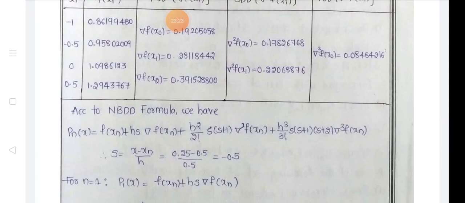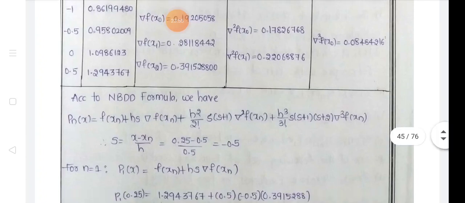According to Newton backward divided difference formula, we have Pn of x equals f of xn plus hs del f of xn plus h square by 2 factorial s into s plus 1 del square f of xn plus h cube by 3 factorial s into s plus 1 into s plus 2 del cube f of xn. Therefore, s equals x minus xn by h equals 0.25 minus 0.5 by 0.5 equals minus 0.5.